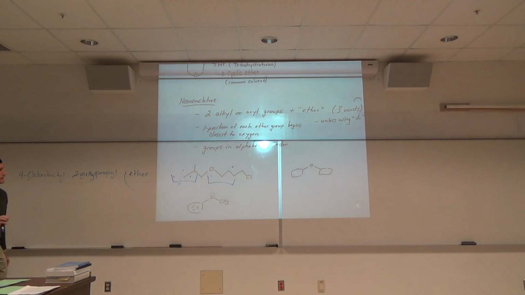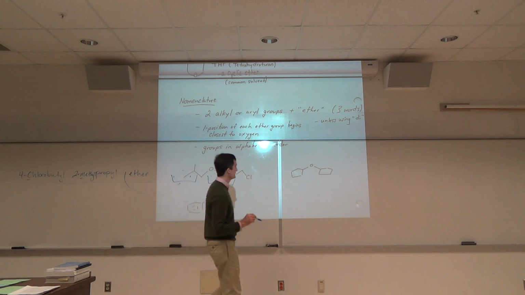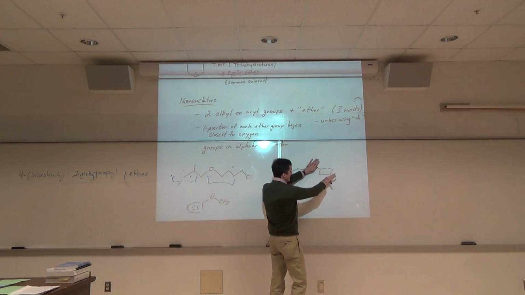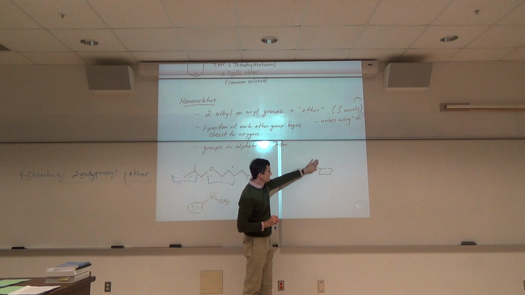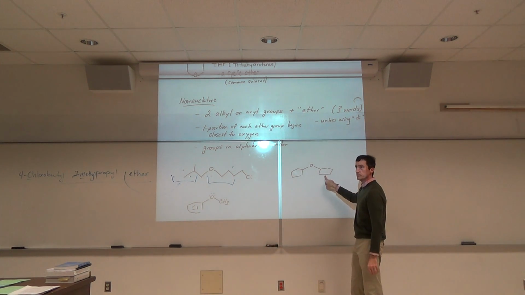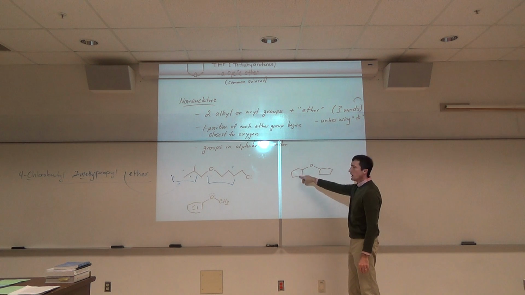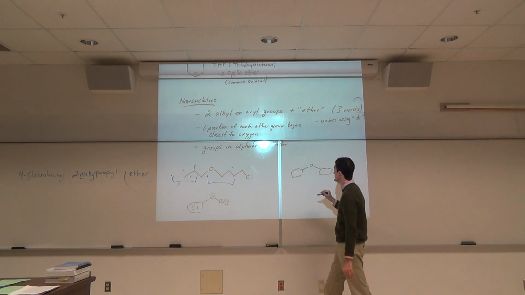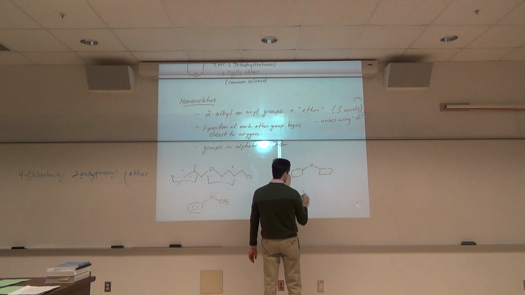What do you want to call the one on the right? What is that? Cyclopentane, but it's a substituent, so it's a cyclopentyl. It's symmetrical. When it's symmetrical, you can just use di.